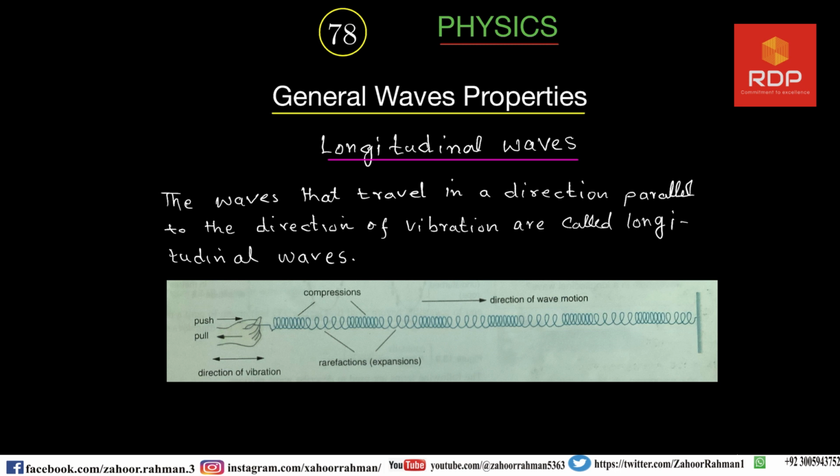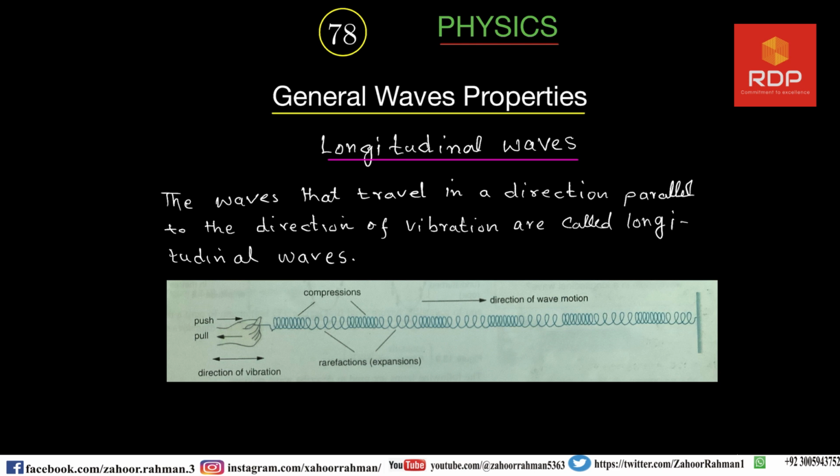Please pay attention. One thing I must mention here, that in case of transverse waves we were observing the crest and troughs. Here we are observing compressions and rarefaction. Rarefaction is also known as expansion.